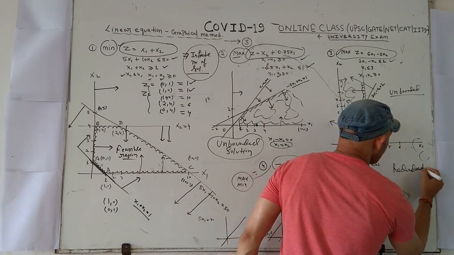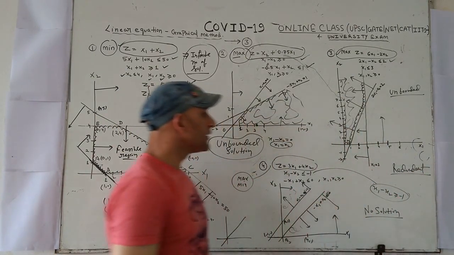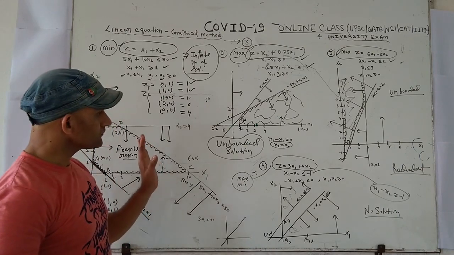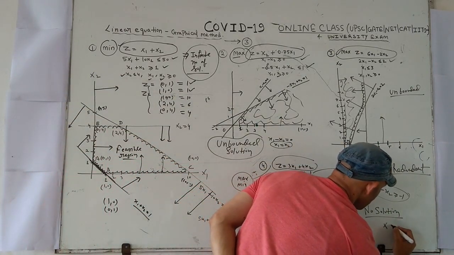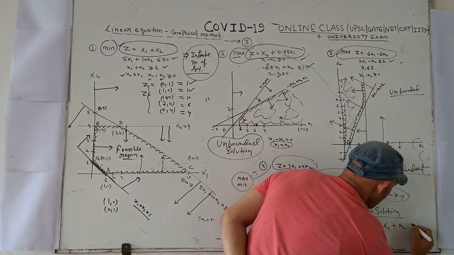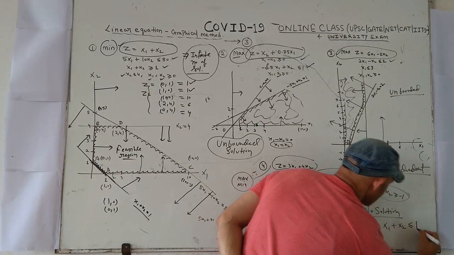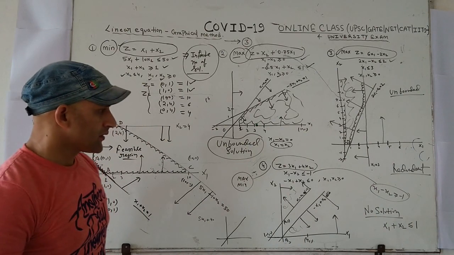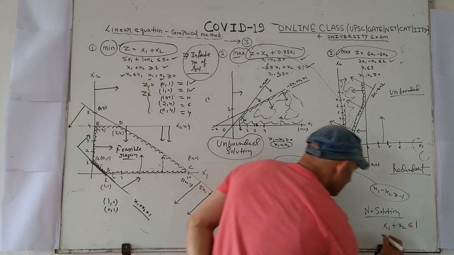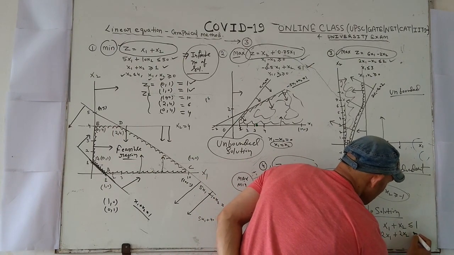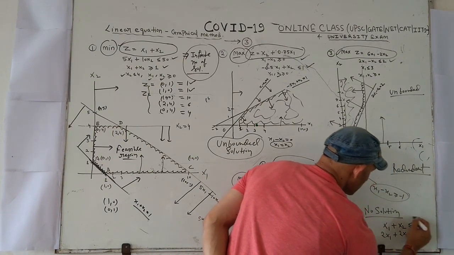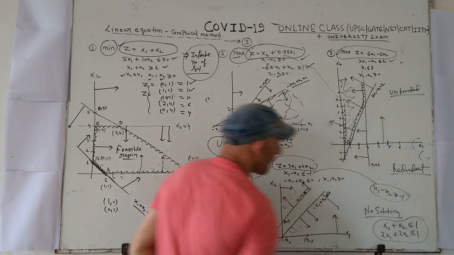What is the meaning of redundant? Redundant means, for example, x1 plus x2 is less than or equal to 1. And if I write 2x1 plus 2x2 is less than or equal to 1, you know that both are the same.